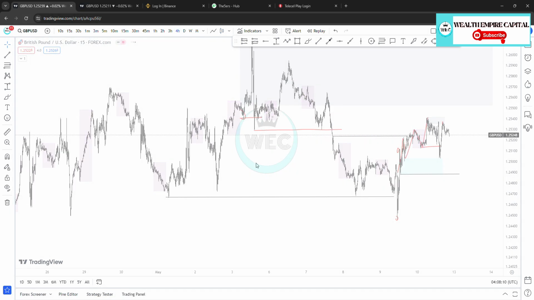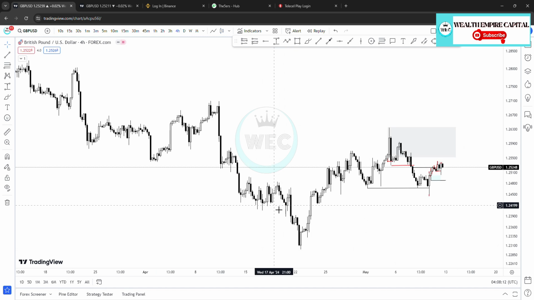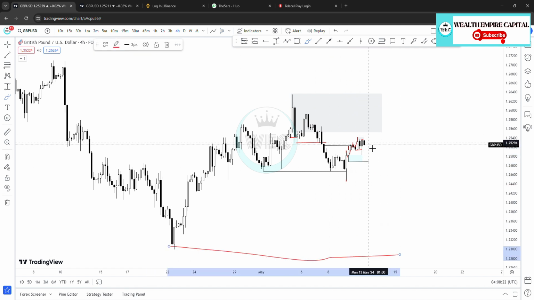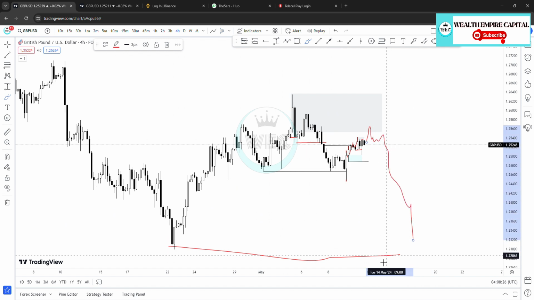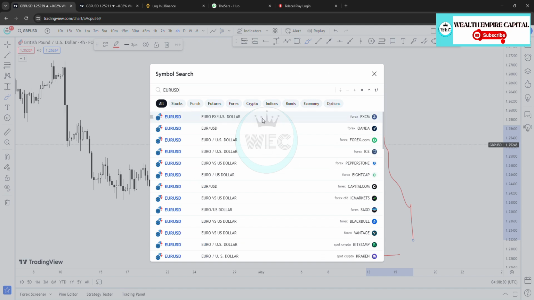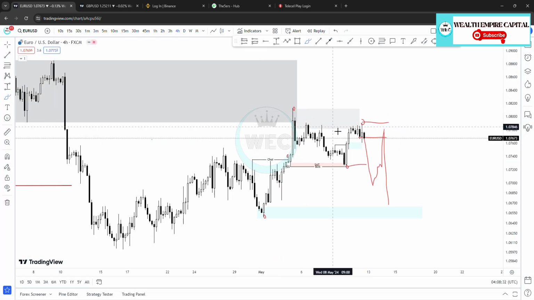I hope you can see what the H4 is saying. If you look at this, if price decides to drop like this, do this confirmation and drop to the downside, it's going to drop to this low. Even if we tap into this and we start dropping, it's going to drop to this low, just like EURUSD. If you go to EURUSD on higher time frames, you're going to see the same thing.